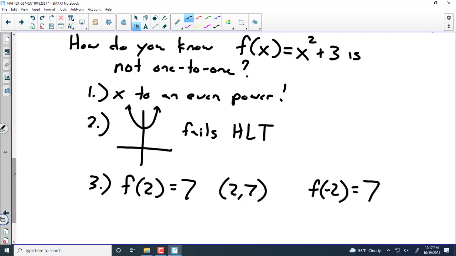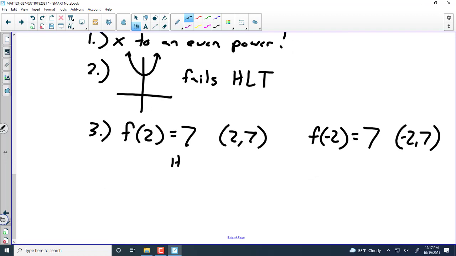That means it has ordered pairs with repeated y's. That's 3 ways you can tell this one is not one-to-one. It's still a function, it's not one-to-one.